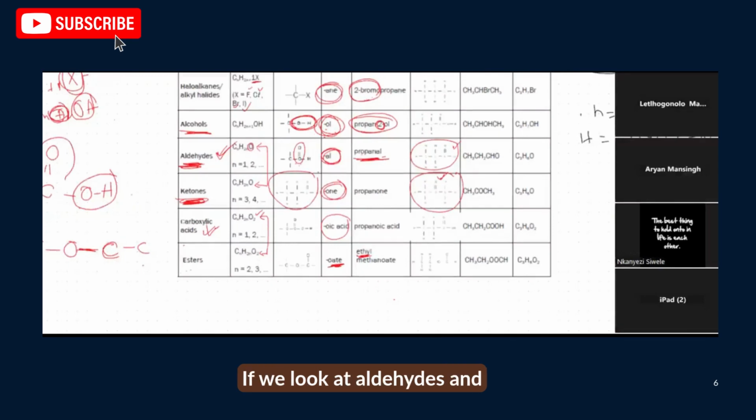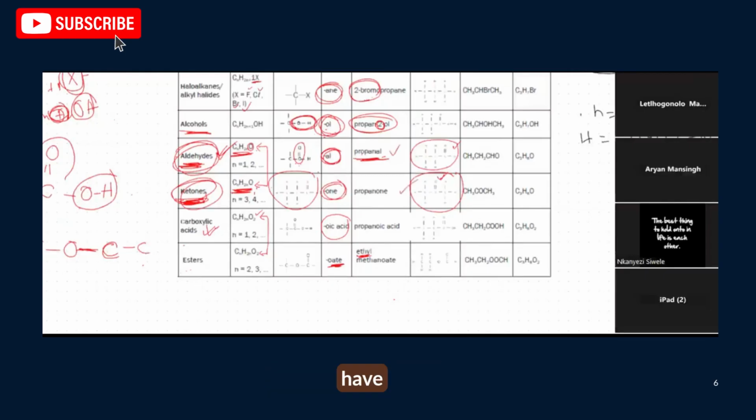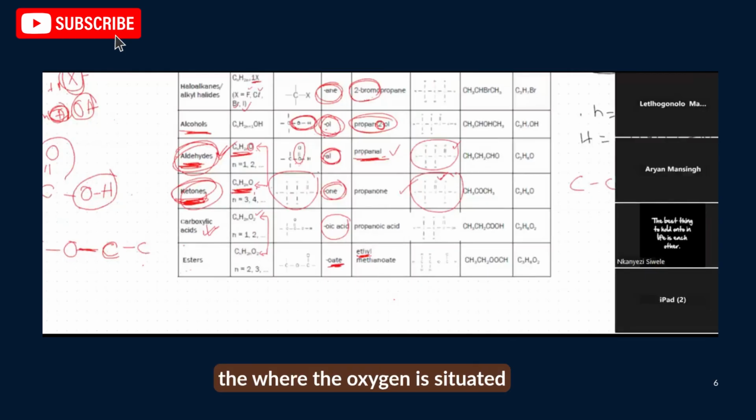If we look at aldehydes and ketones, we will see that the general formula for aldehydes and ketones are the same. So aldehydes and ketones can be functional isomers to each other, because even though both of them have a double bond of oxygen, where the oxygen is situated is not the same.